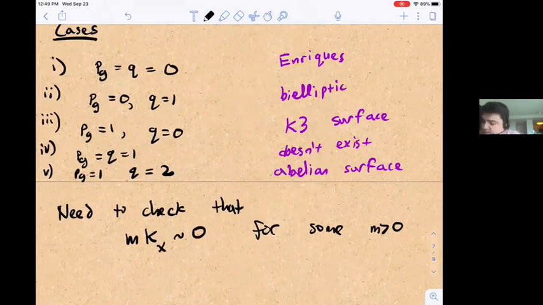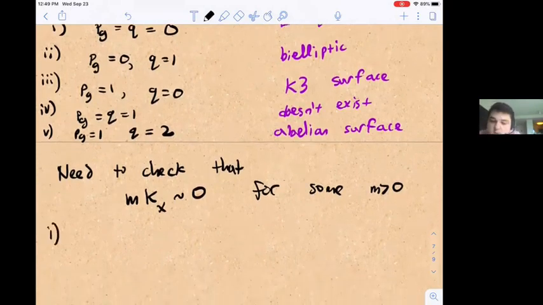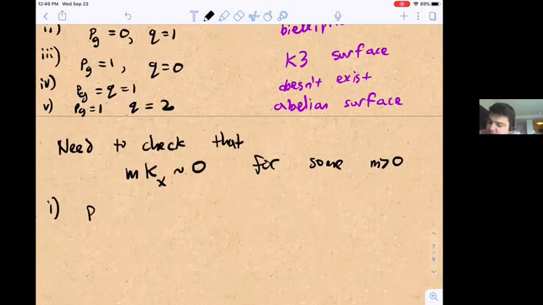Okay, so in our first case, this is PG equals Q equals 0.